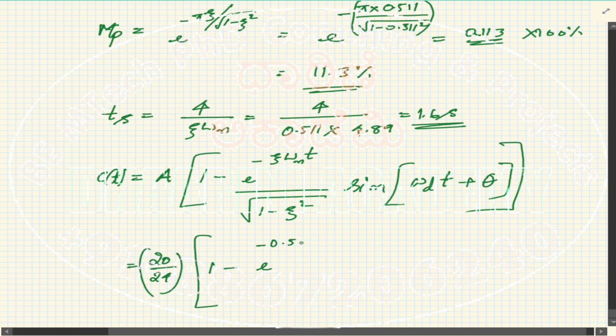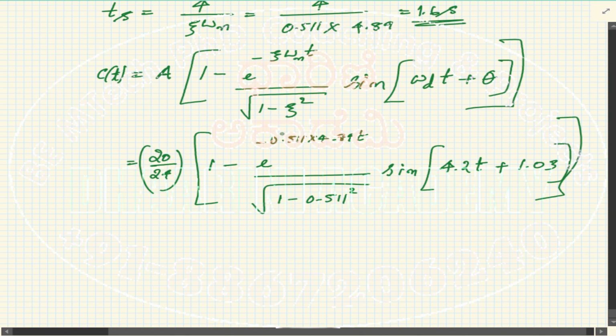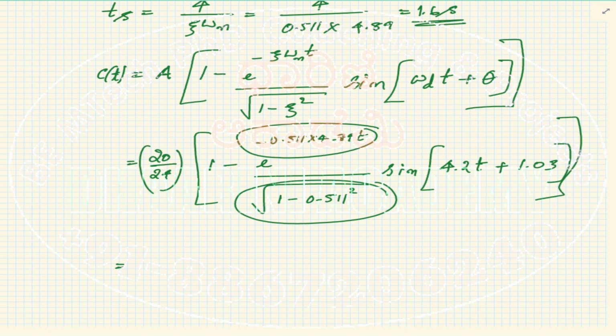Minus 0.511 into omega n, which is 4.89, times t, whole divided by root of 1 minus 0.511 square, into sine of omega d, which is 4.20, times t plus the theta, which is 1.03 radians. So only this term we need to simplify.